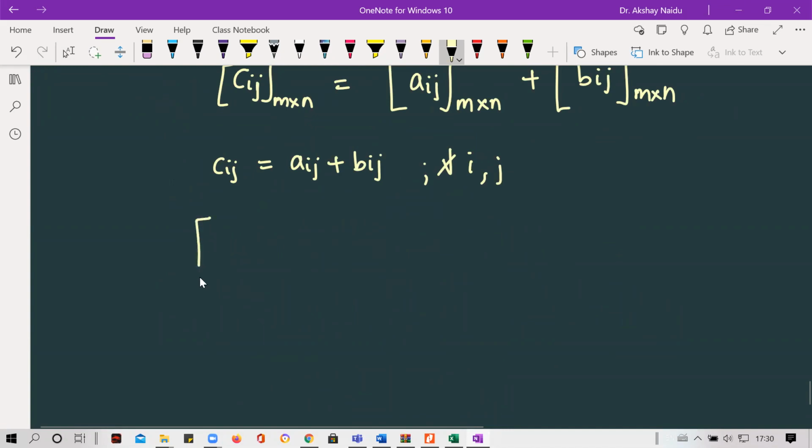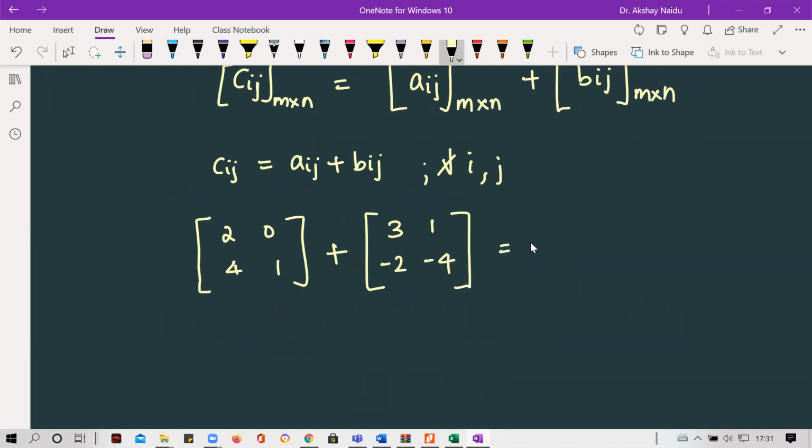So let us say there are two matrices. Matrix A is 2, 0, 4, 1, and matrix B is 3, 1, minus 2, minus 4. So when you add them, the corresponding elements get added. 2 plus 3 is 5, 0 plus 1 is 1, 4 minus 2 is 2, 1 minus 4 is minus 3.